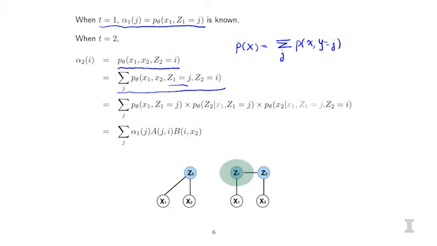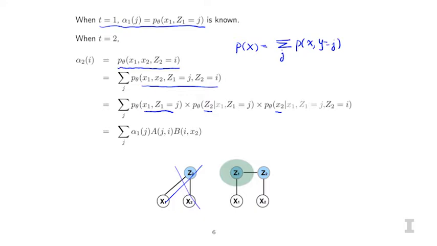The marginal is equal to a summation over another variable, z1. Now we have 4 random variables: x1, x2, z1, z2, and we're going to use the chain rule. We start with the marginal of x1, z1, and then z2 given all the previous, which is x1, z1, and then x2 given all the previous variables, so it's going to be x1, z1, and z2. Now, I have some variables colored in gray.